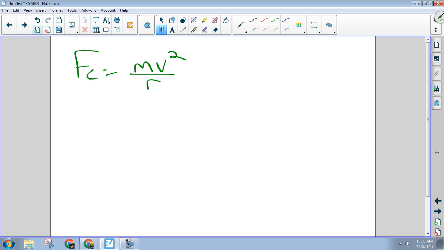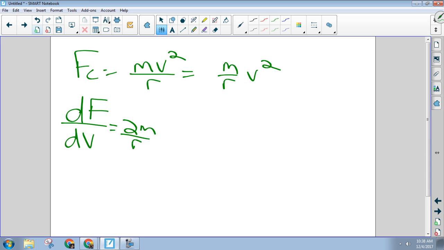Might be easier to write it this way. The derivative of force with respect to velocity is, well, m and r are constant, so bring the 2 down out front, so you get 2m over r times v. Does that make sense?